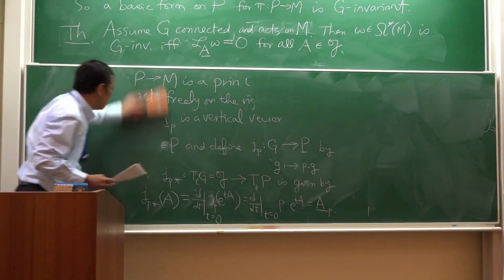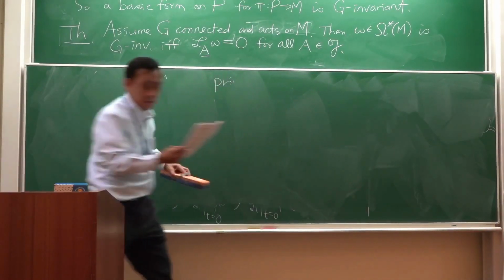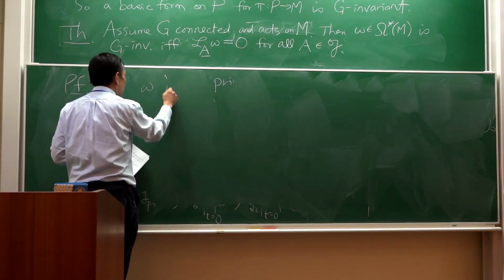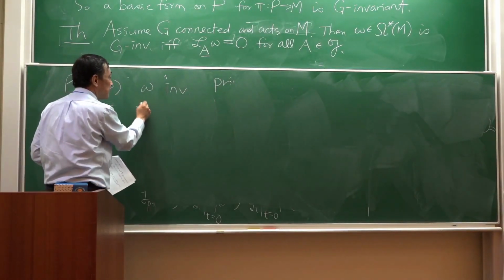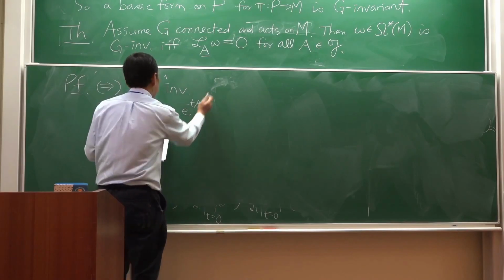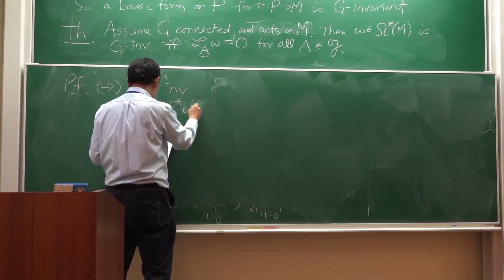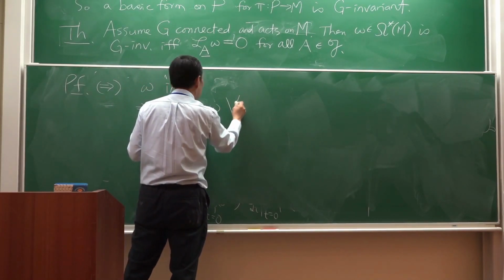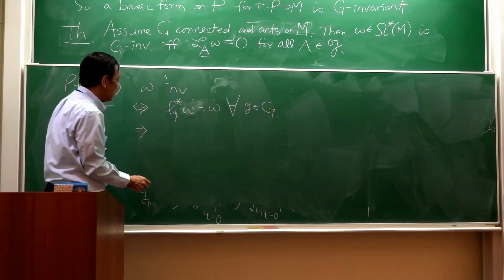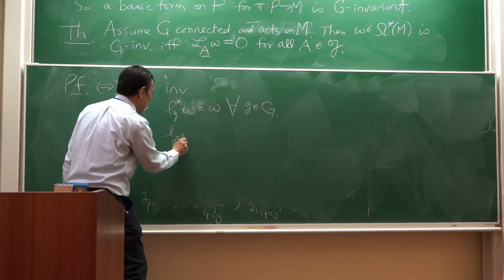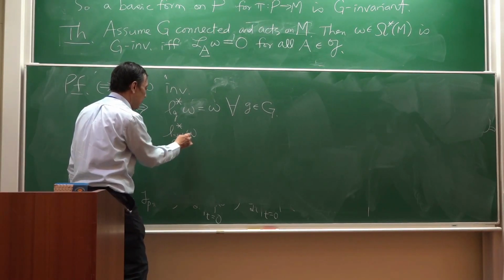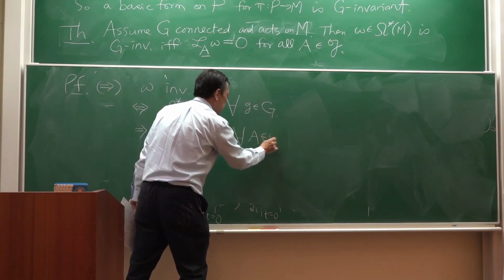Now, in one direction, this is kind of obvious, because if omega is G invariant, then L_g star of omega is equal to omega for all g in G. So this implies that L of e to the minus tA, star of omega, is omega for all A in the Lie algebra.